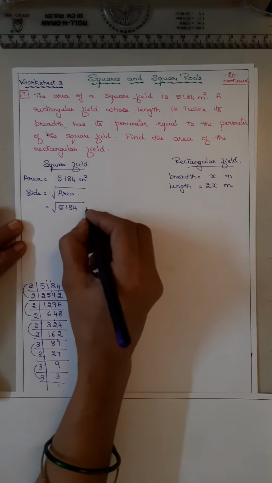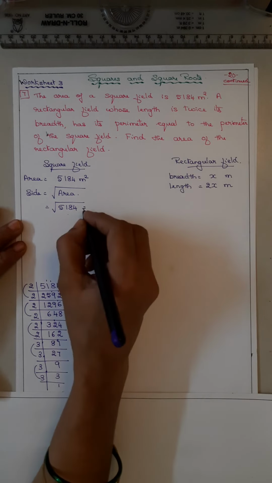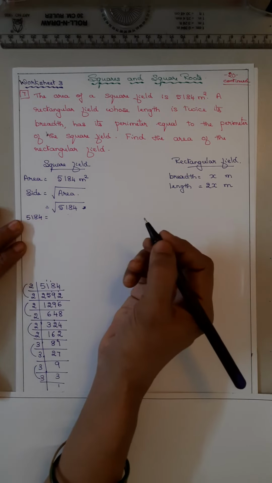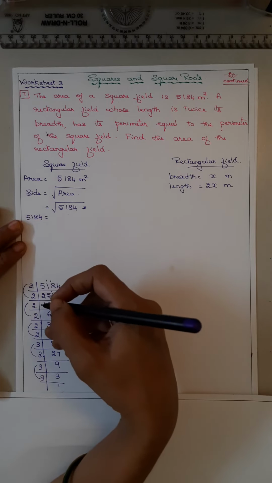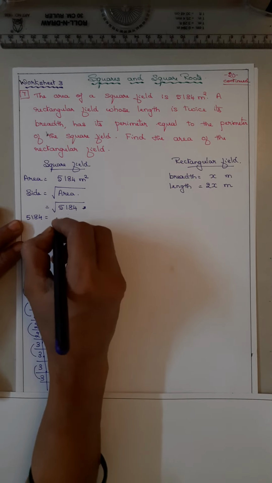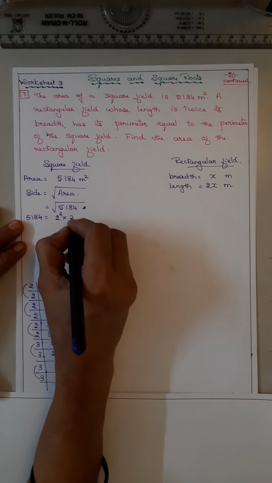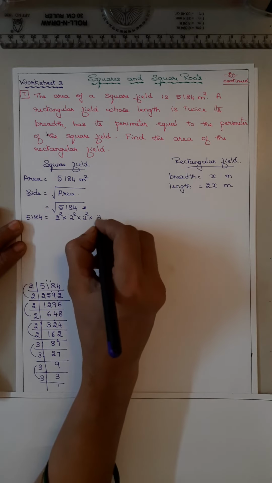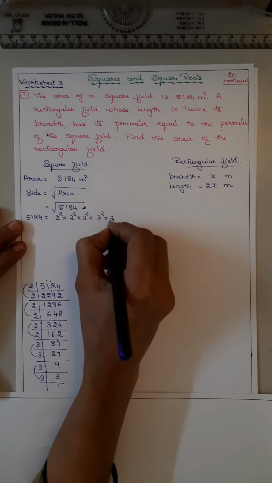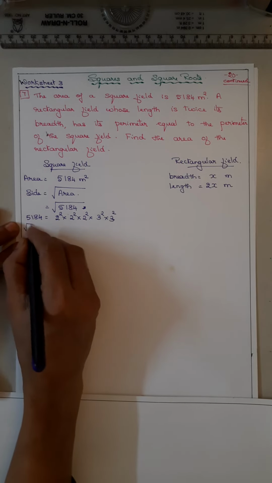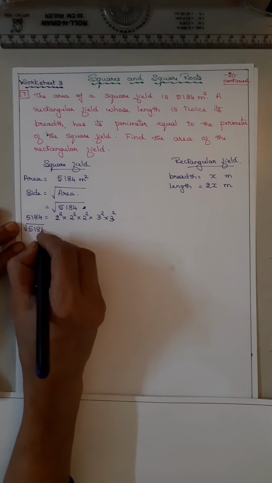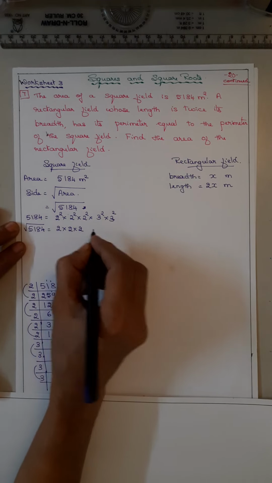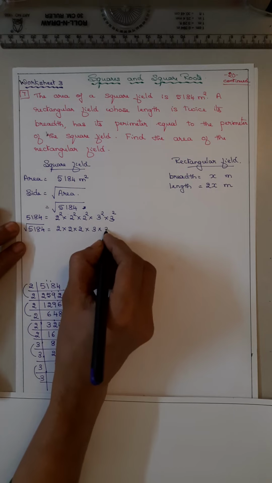So you got 5184 can be written as 2 square, 2 square, 2 square, 2 square, 2 square, 2 square, and 3 square 2 times. Now the square root of 5184 is equal to 2, 2, 2, 3, 3.